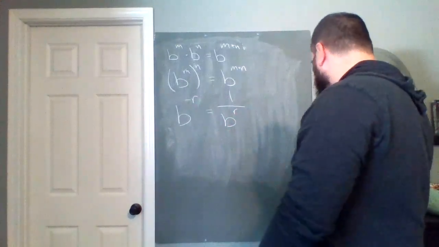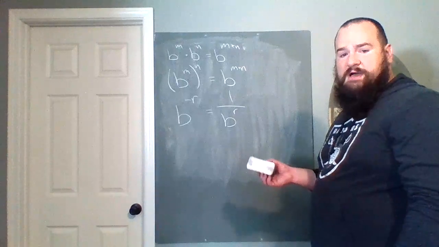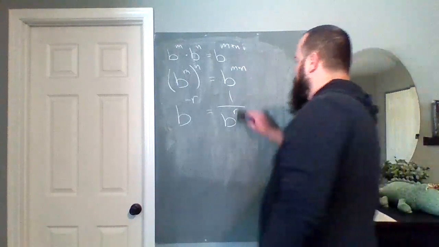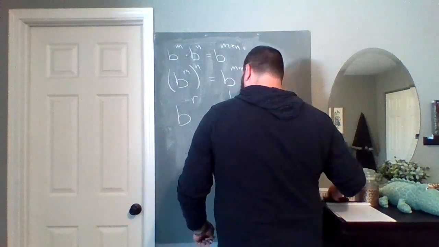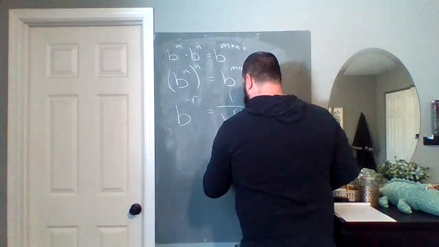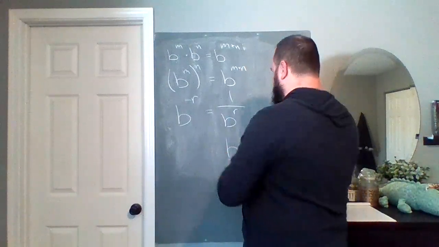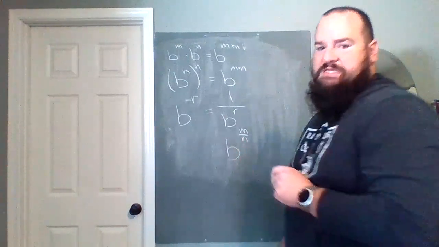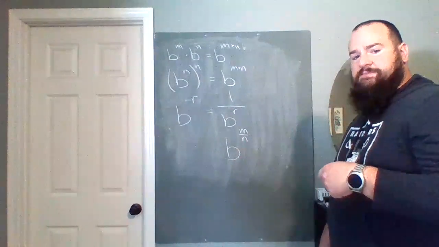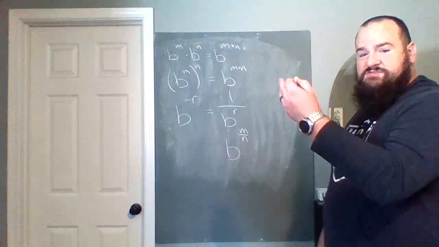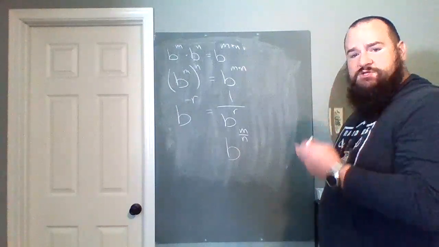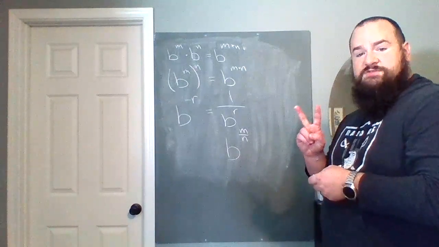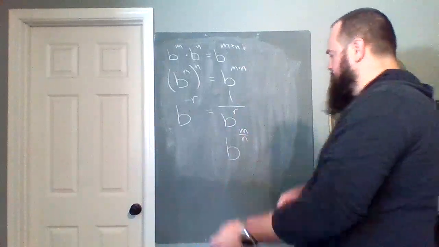Now, the one we really want to worry about for this class is, what if I have b to the m over n? So if I have some number raised to this fraction exponent, this rational exponent, it can go one of two ways. Both ways are equivalent, it doesn't matter.